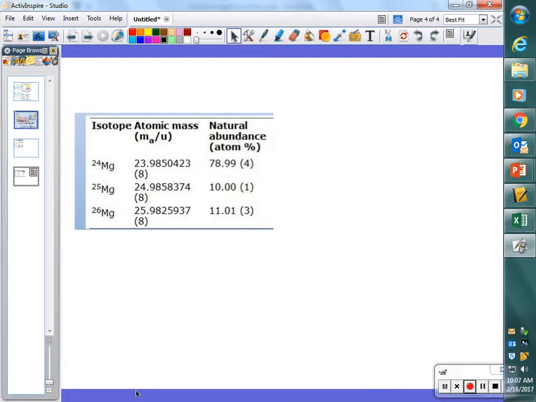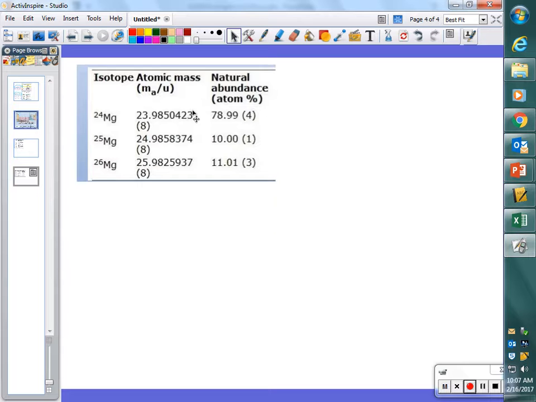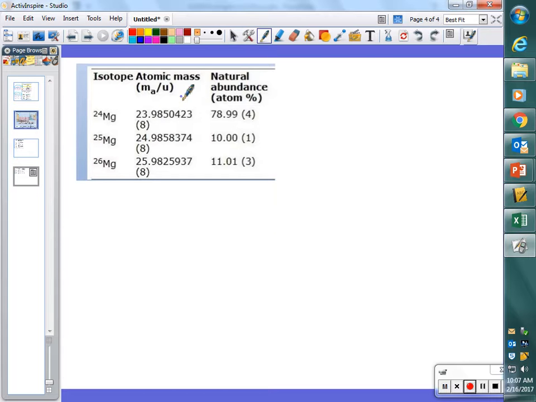So we're going to figure out how much each one of these contributes to the overall average. All right, so starting off with magnesium 24. We take its atomic mass, 23.9850423. And then we multiply it by the percentage over 100.